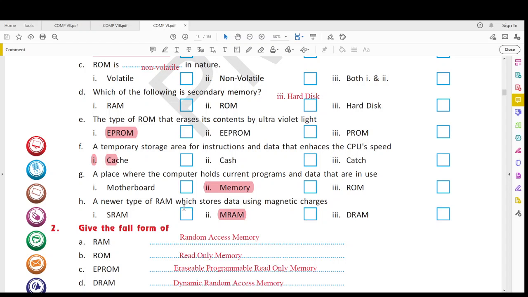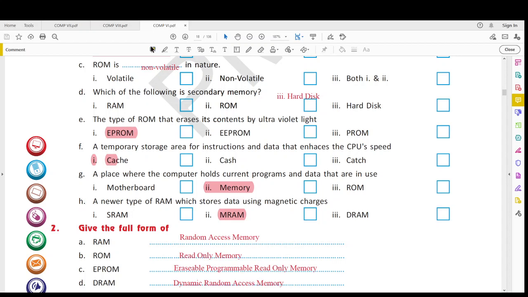It is dynamic RAM. So you can guess that magneto-resistive RAM uses magnetic charges to store the data on the RAM chip. So a newer type of RAM which stores data using magnetic charges is MRAM. So number 2, MRAM is the correct answer.